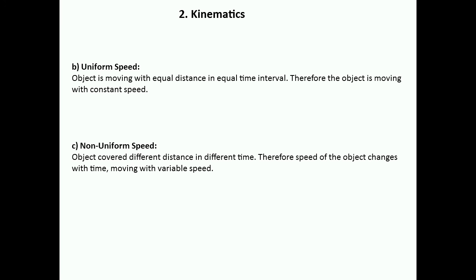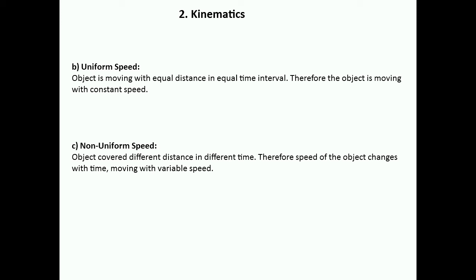The third type of speed is non-uniform speed. Non-uniform speed, which you can also call variable speed, is not constant speed. The definition of non-uniform speed is that the object covers different distances in different intervals of time.